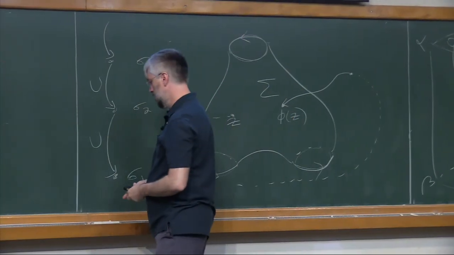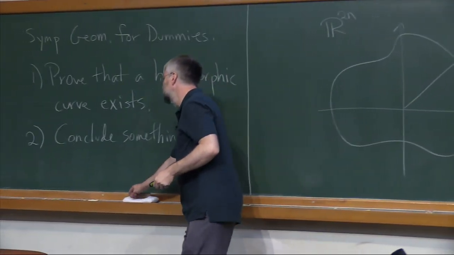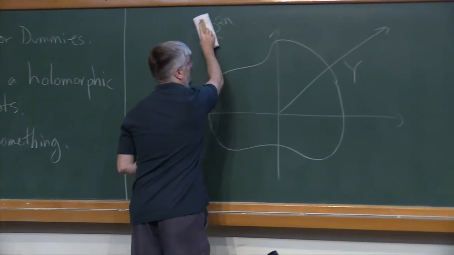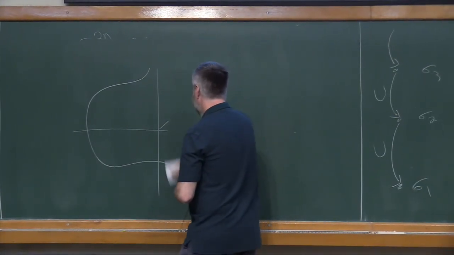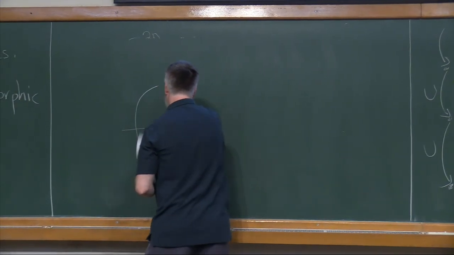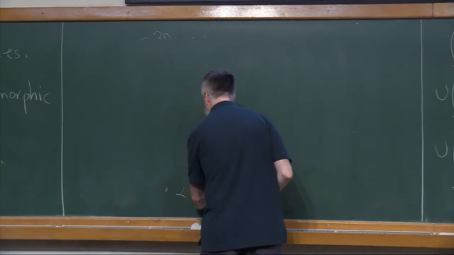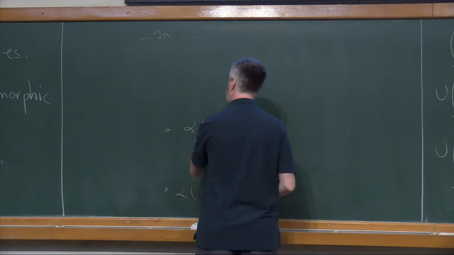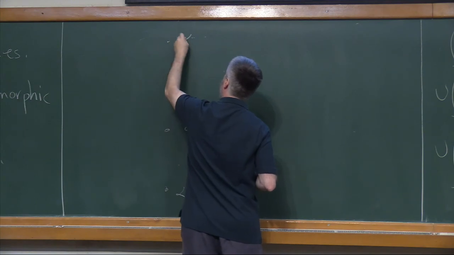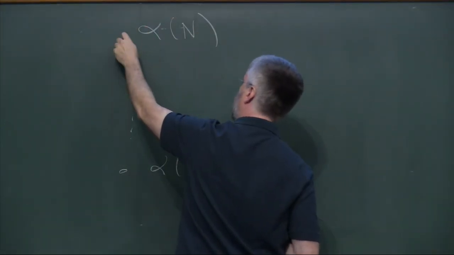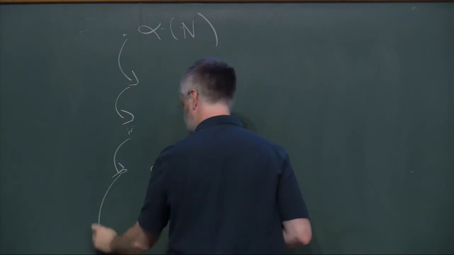So here's alpha of 1, alpha of 2, and so on up to alpha of n. And I have a chain of holomorphic curves going between these generators.